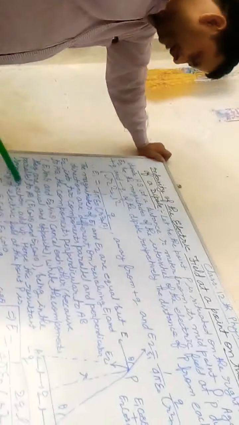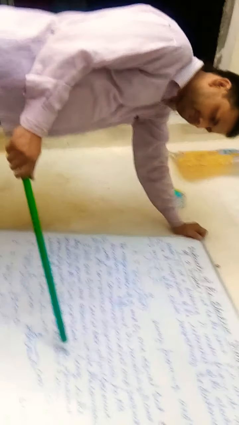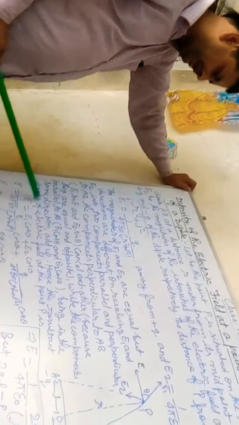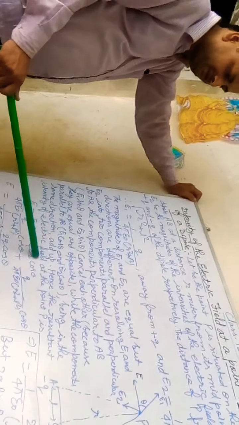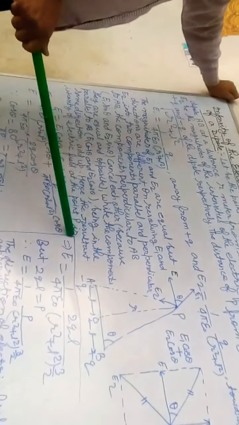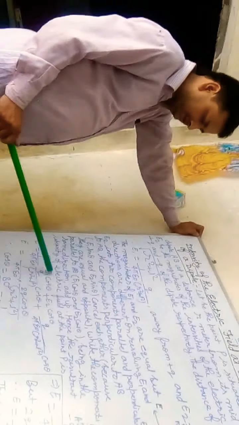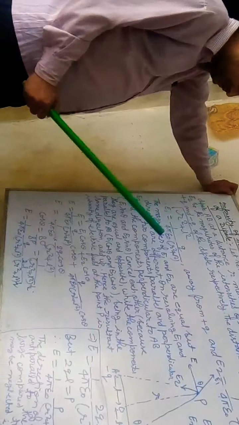being in the same direction, add up. Hence the resultant intensity of electric field at the point P is E equal to E1 cos theta plus E2 cos theta, which equals 1 upon 4 pi epsilon 0 Q upon r square plus l square cos theta plus Q upon 4 pi epsilon 0 r square plus l square cos theta, which equals 1 upon 4 pi epsilon 0 2Q cos theta.